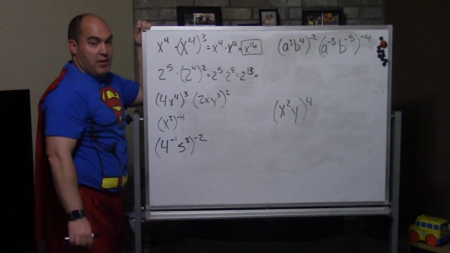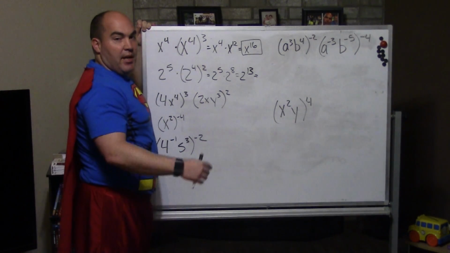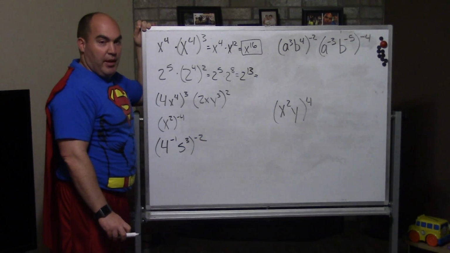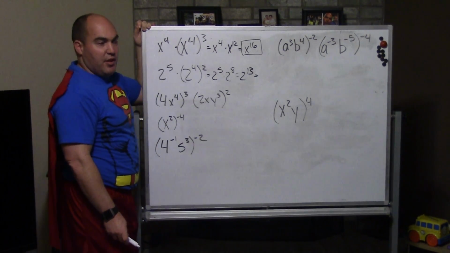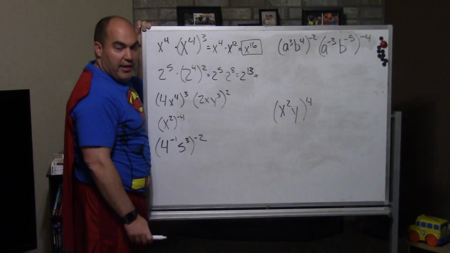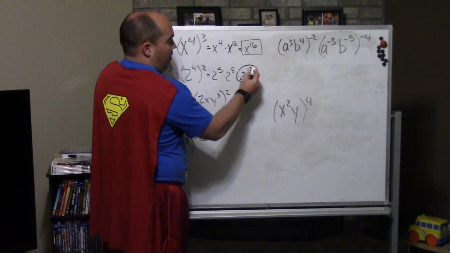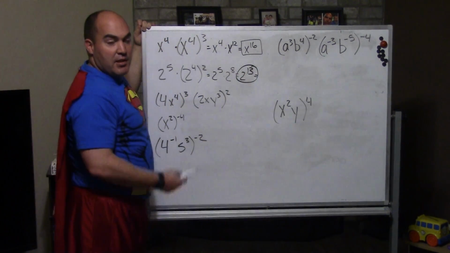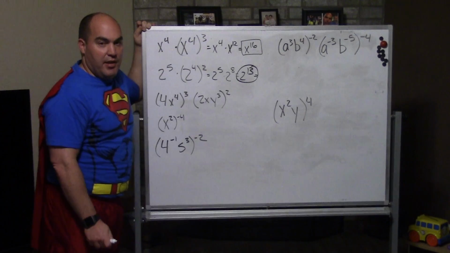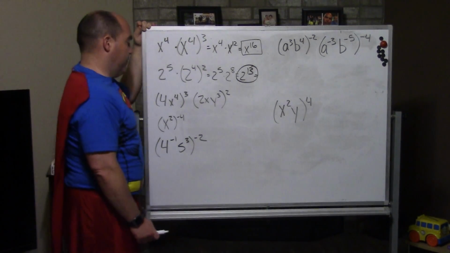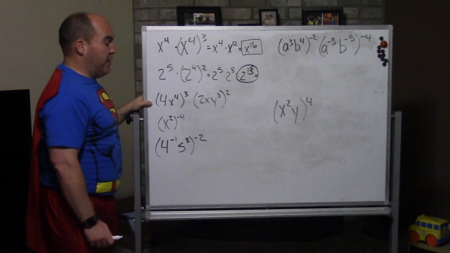Now, the problem is 2 to the 13th ends up being such a big number that your calculator is probably going to give you some kind of weird error message. So if the number gets too gigantic and your calculator won't spit it out correctly, then we can just go ahead and box it up. But always, if it's a whole number, I want you to try and punch it in, see if you can get the actual answer.